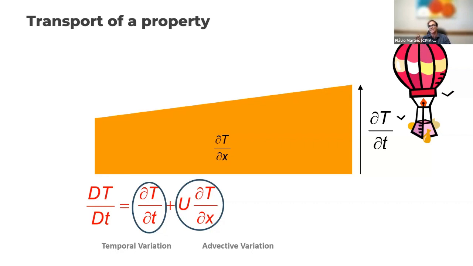A Lagrangian observer is moving along with the fluid. Otherwise, you can stay fixed to the earth and analyze the fluid using these two components. In that case, you analyze the fluid as an Eulerian observer, you see?